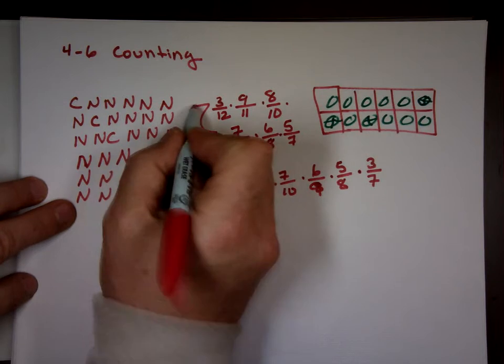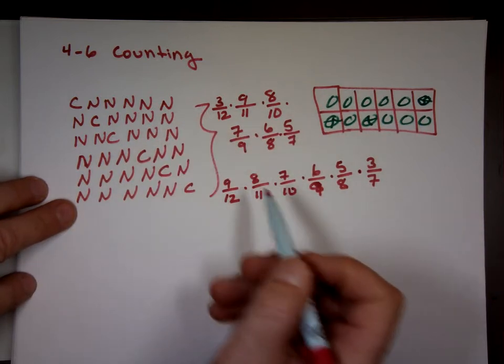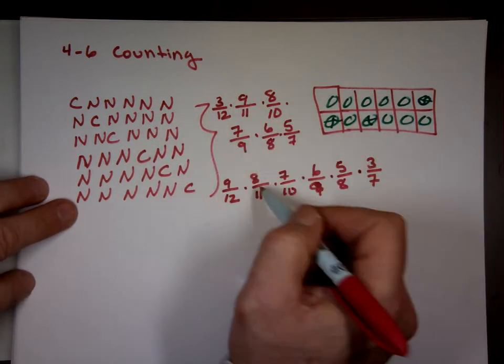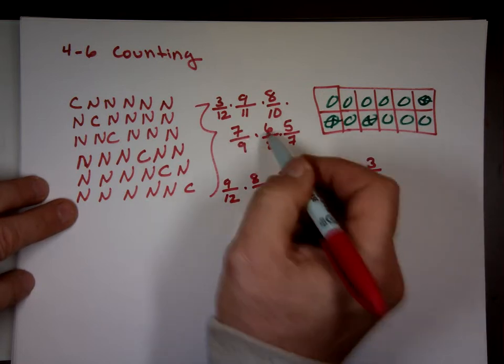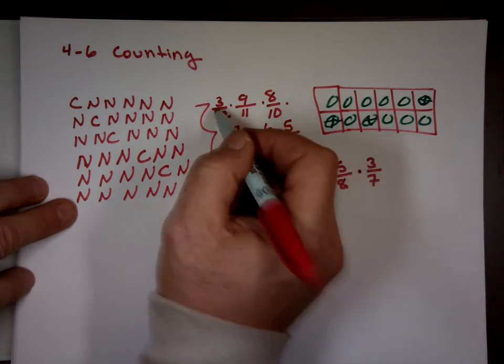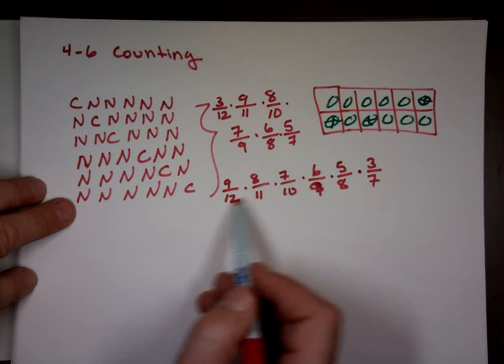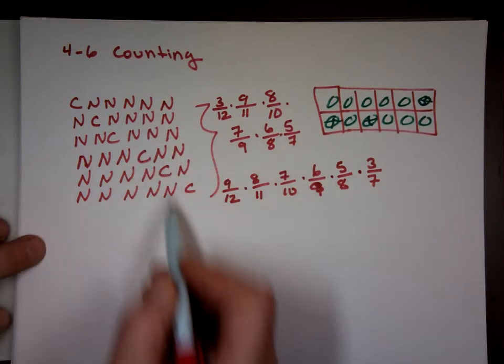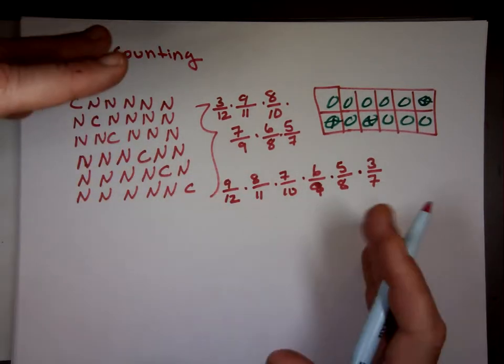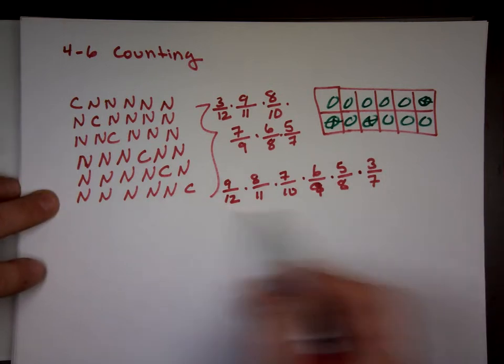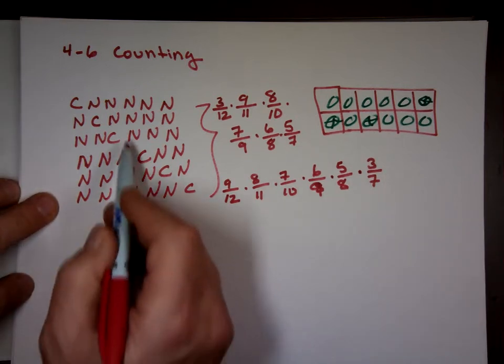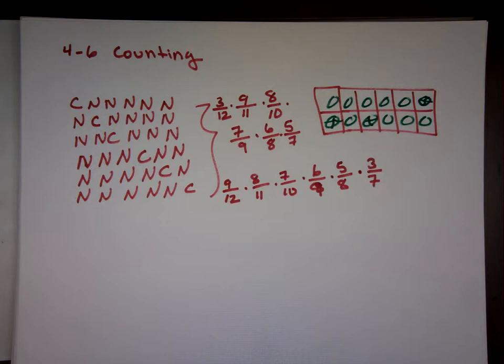Look at the top. You got a 9, 9, 8, 8, 7, 7, 6, 6, 5, and 3. Look at the bottom, 12 through 7. So the answer to each one of them is the same. It's just the order is different. So you find the answer for one case, you go, well, I got 1, 2, 3, 4, 5, 6 cases. Let's multiply them. 6 times that number, and that's the chance of 1 cracked egg.